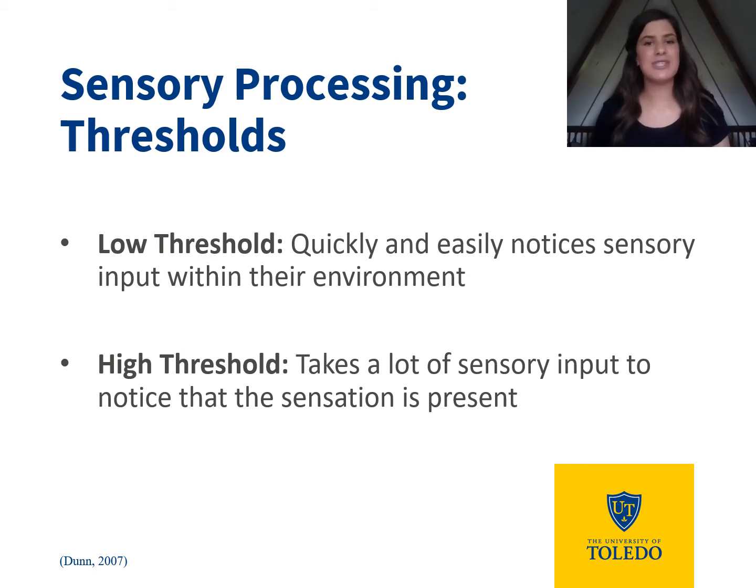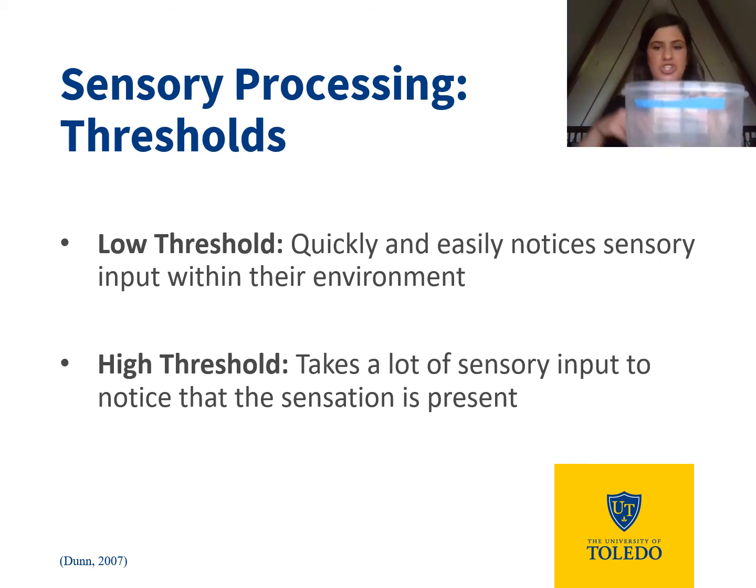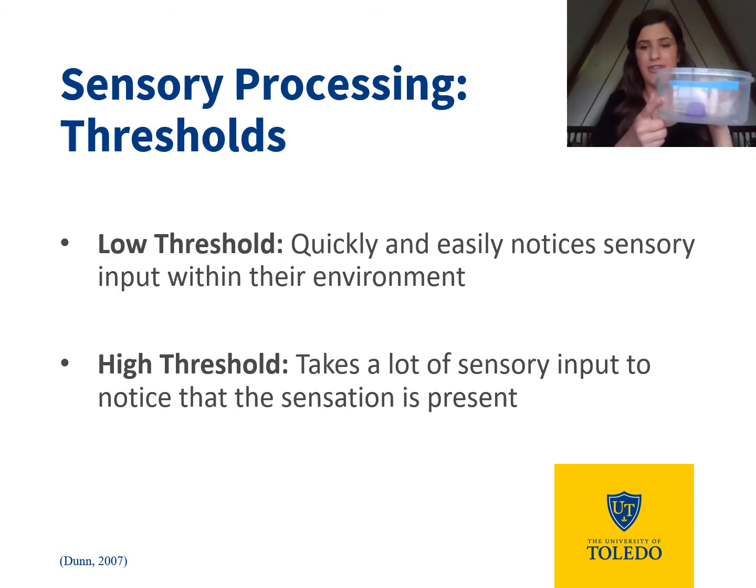If you take the same sensations of the tag on the back of the shirt, the person's not going to notice it because it's not filling up their bucket. It's not even close to filling up their bucket. Or the sock out of place, again, not filling their bucket. So again, it takes a lot more sensory input for them to actually notice that the sensation is occurring.